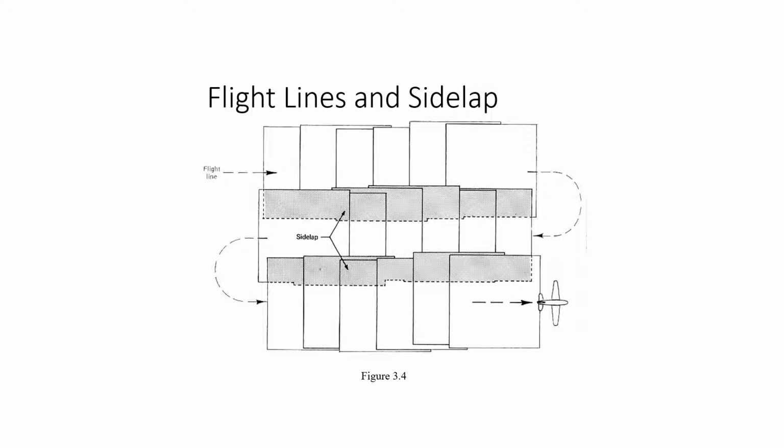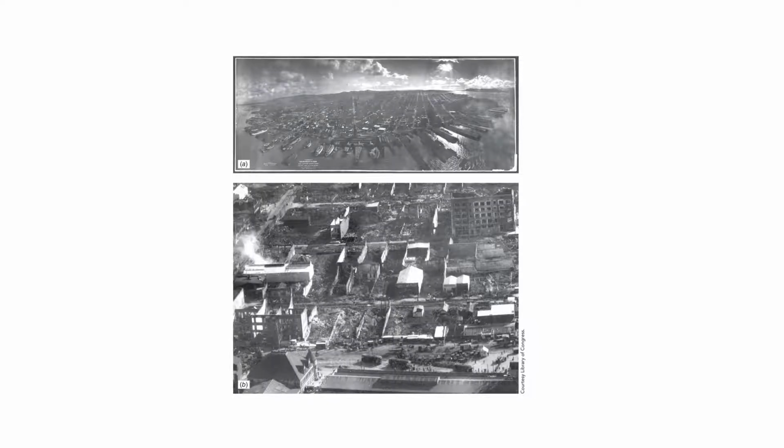And then we line them up from side to side with side lap as well, so that we can get 100% coverage of everywhere with at least 2 images. We'll put them together, it looks kind of like that. Top one, high oblique. Bottom, low oblique.